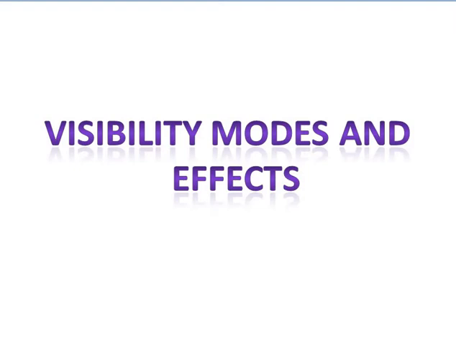In the syntax of deriving a class, we specify the particular accessibility mode or visibility mode for the class. First, we will see the visibility mode and their effect.